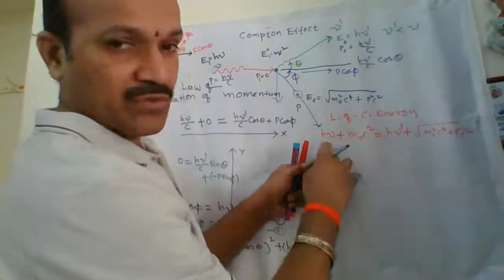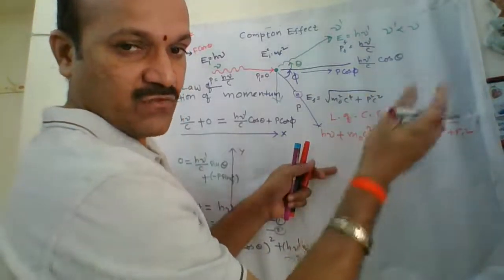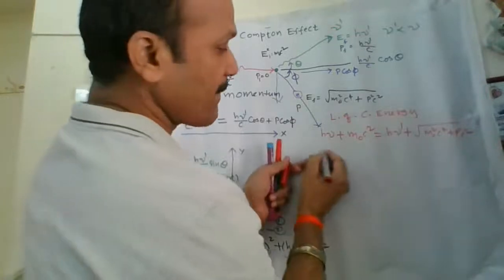Third, we'll write h nu dash this side and we'll square both the things.